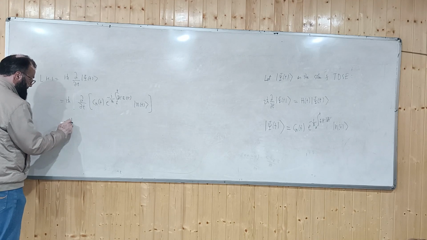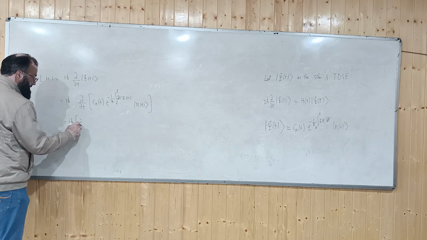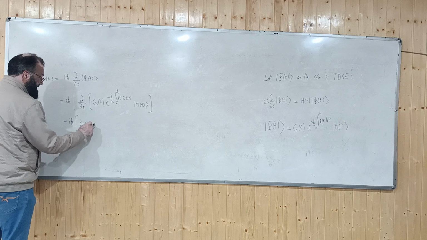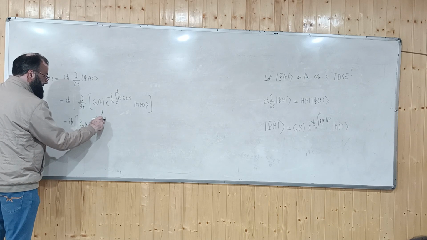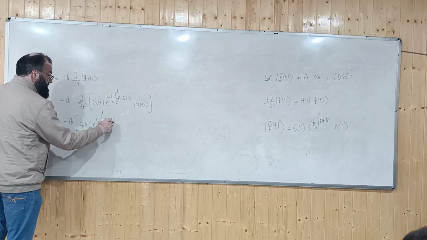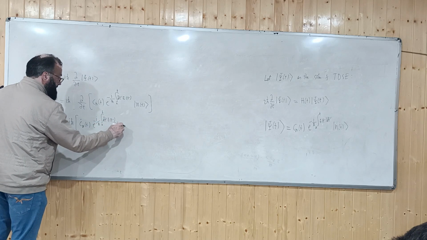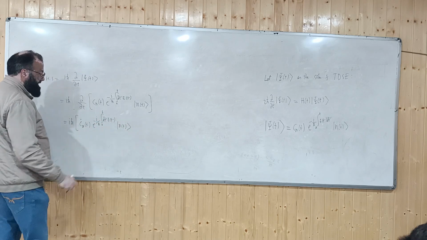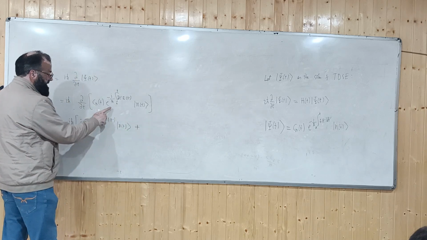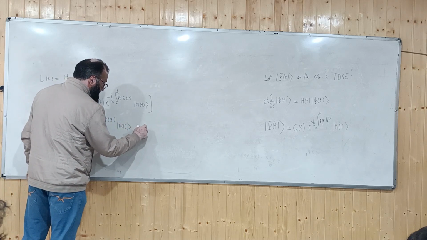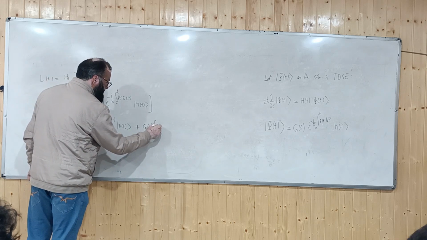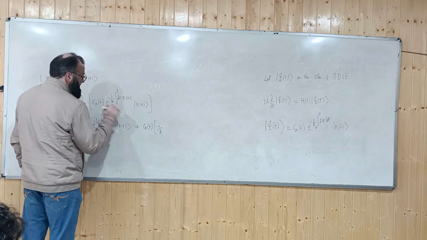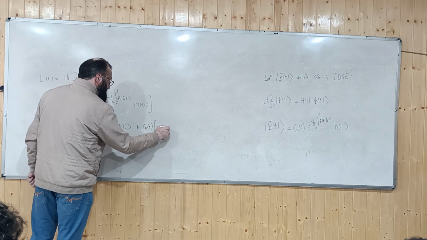So it is iħ. So what will it be? C dot n of t and e raised to minus i by ħ integral 0 to t dt prime En of t prime |n(t)>. Okay. Then you are having Cn of t. So this minus i by ħ will come down. When you differentiate this thing, it will be simply En of t. Clear?